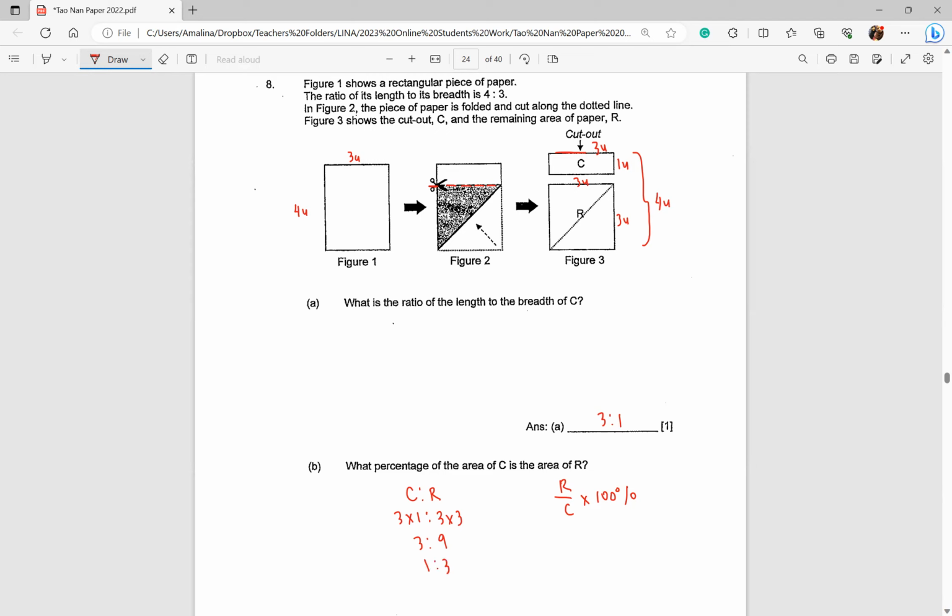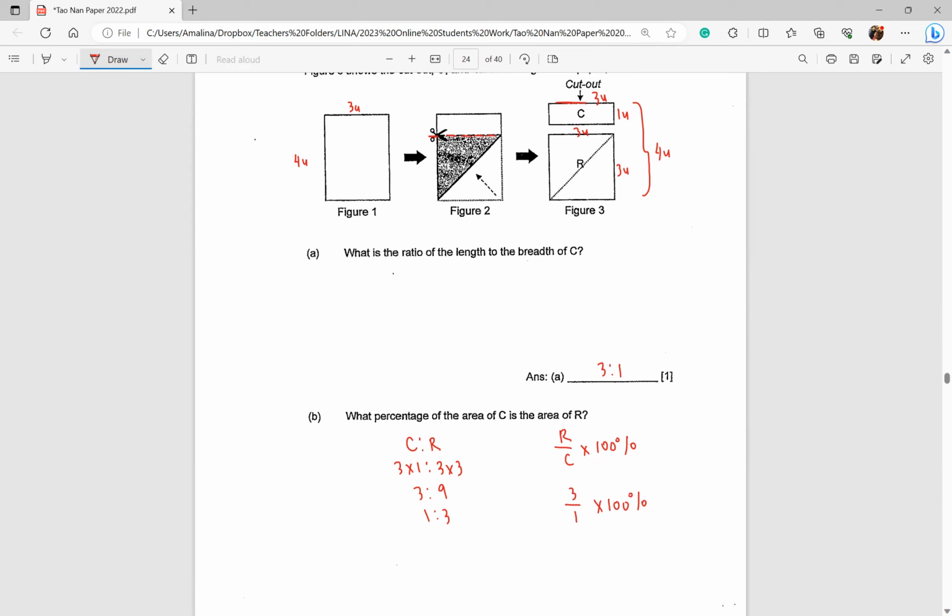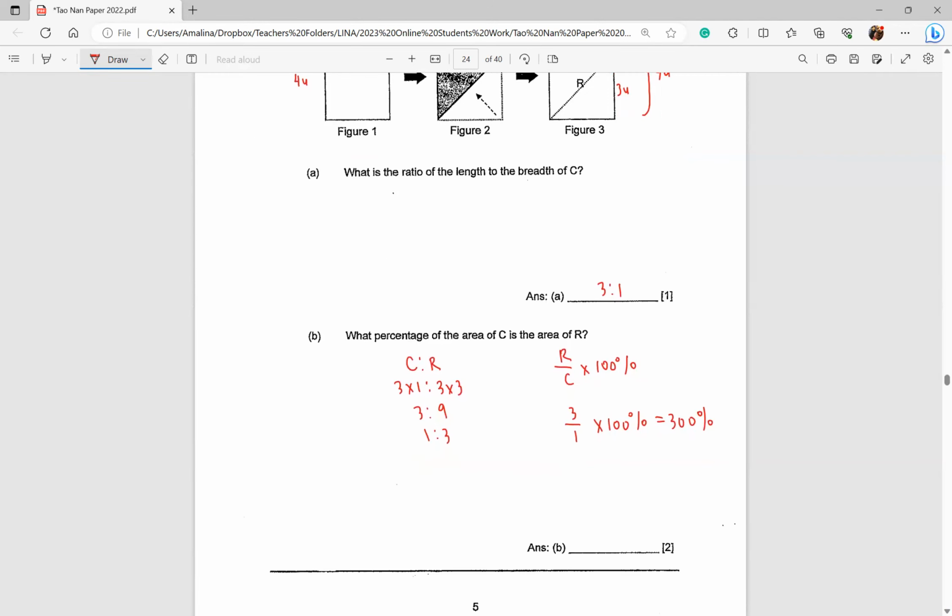In other words, the area of R is 3 times the area of C. So if I want to find my percentage, I will take my R, 3/1 times by 100%. Okay, so that will give us 300%. So my answer for this will be 300%.